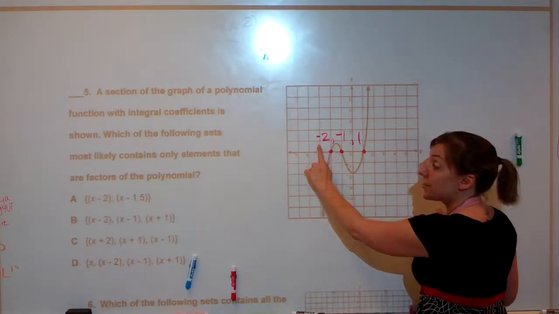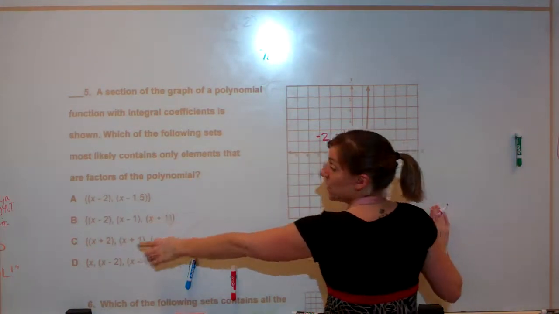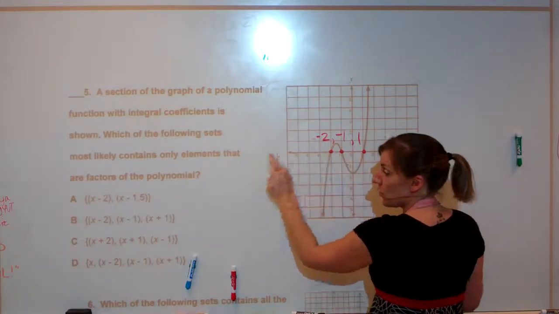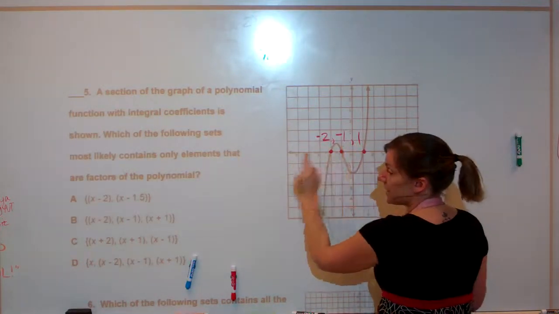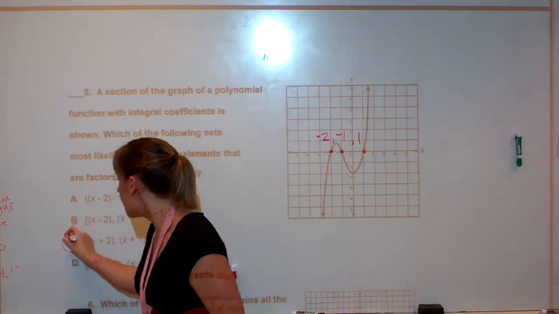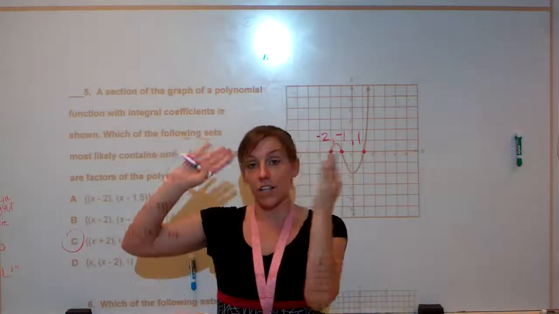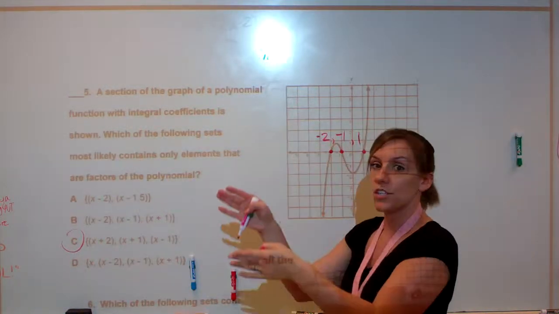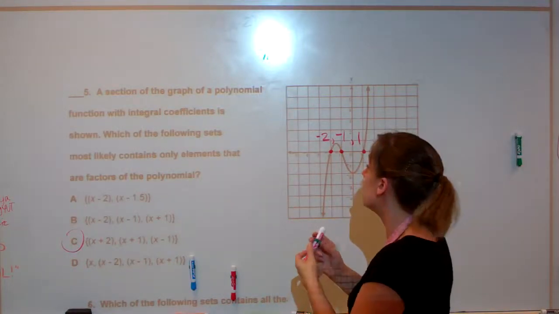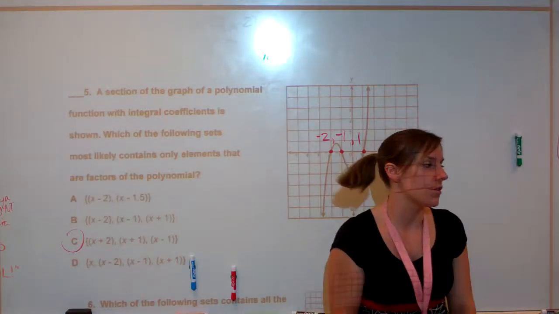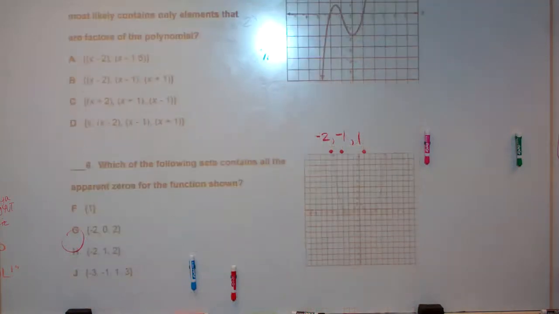So that means their factors are the opposite. +2, so that's that one. +1, that's that one. -1, because that's that one. So I would write them down and not try and shift it in your head. Because if you try and shift it in your head, you may make an accidental mistake, even though you know what you're doing.